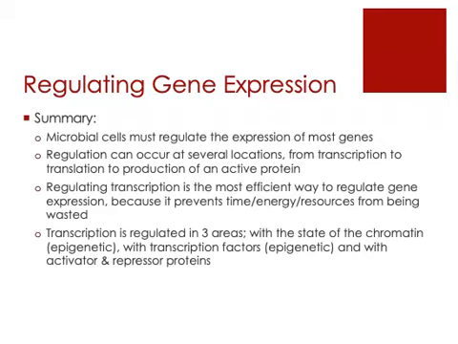They do it with the state of their chromatin. That's an epigenetic mechanism. They do it with proteins called transcription factors. That's also an epigenetic mechanism. And they do it with activator and repressor proteins that interact with the gene itself.